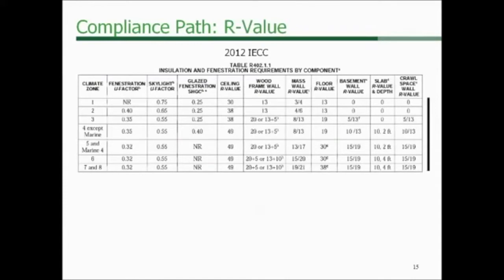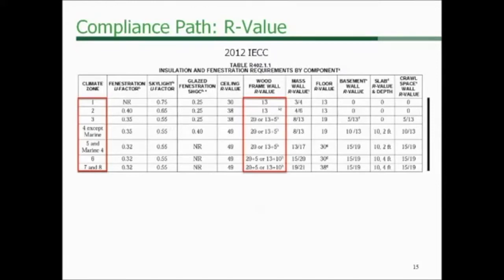So the R value compliance path is pretty straightforward. All you have to do is know your climate zone. There's a map at the beginning of the IECC, and it has the counties and things on it. So you pick out your climate zone, and then, for example, if you're doing a wood wall, you just say, look, this is how much insulation I need.